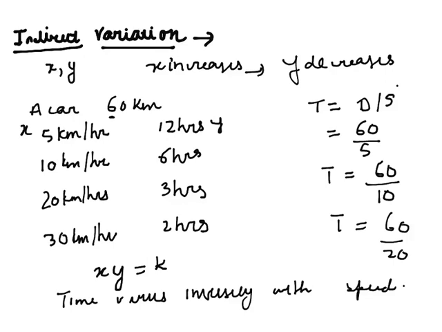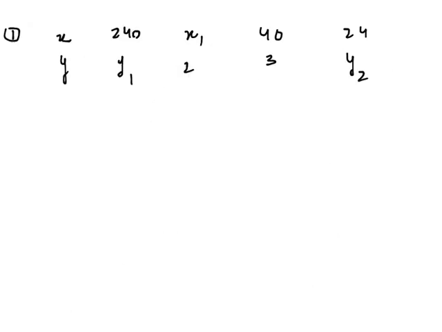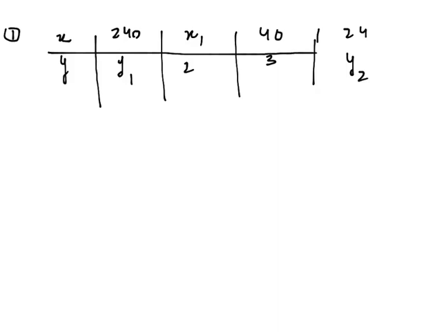So our first example is: x and y are inversely proportional, and we have to find the values of x1, y1 and y2. As they are inversely proportional, it means the product of x and y will be equal to some constant.